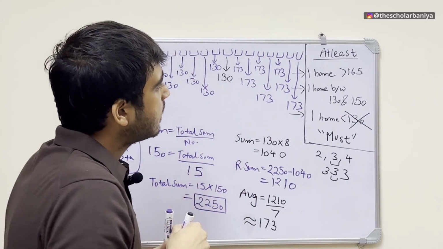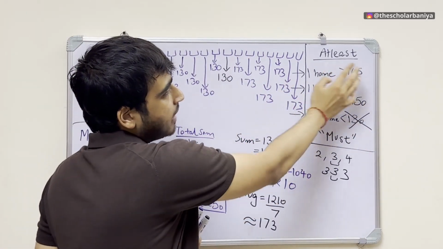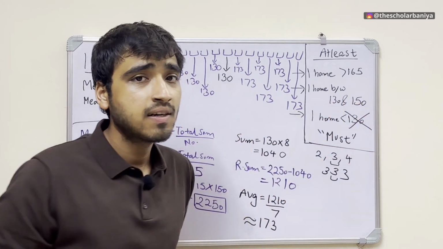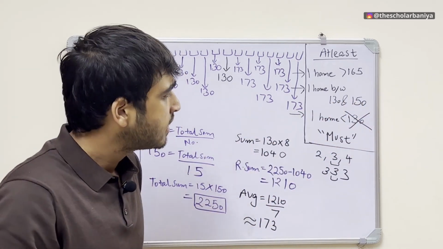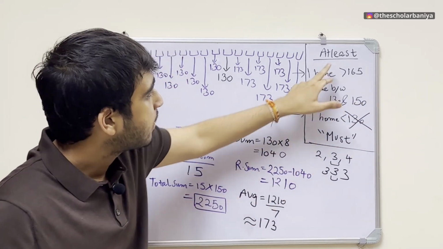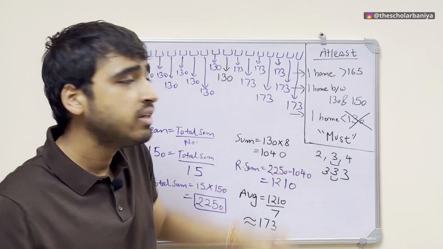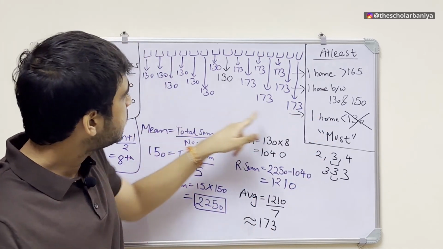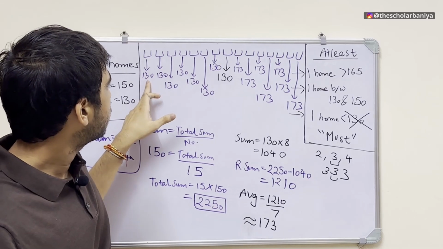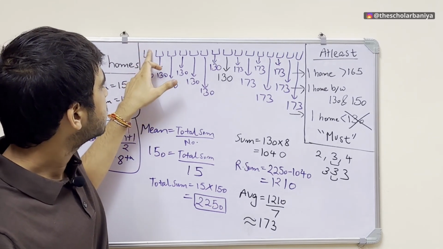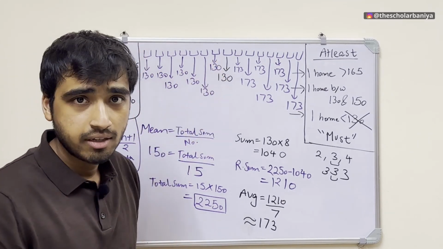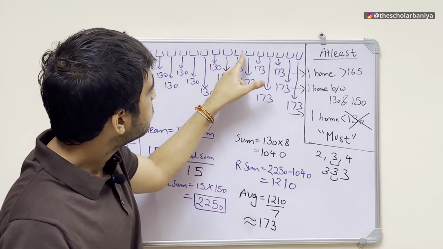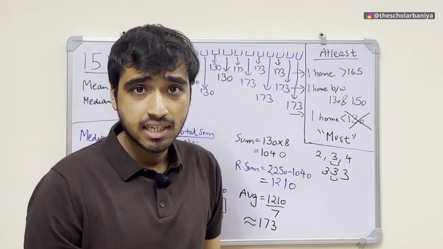Okay. Now, at least the price of one home should be between 130 and 150. Do you think this is always true? That the price of at least one house is between 130 and 150? Again, no, right? Because you can see the price of the first house to the eighth house is 130, and from this house up till this house, the price is 173.